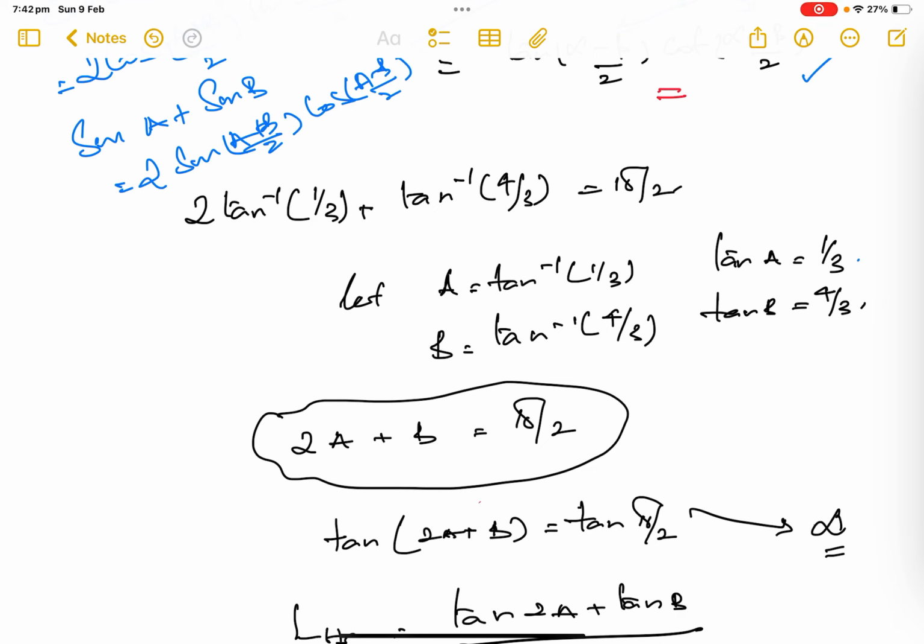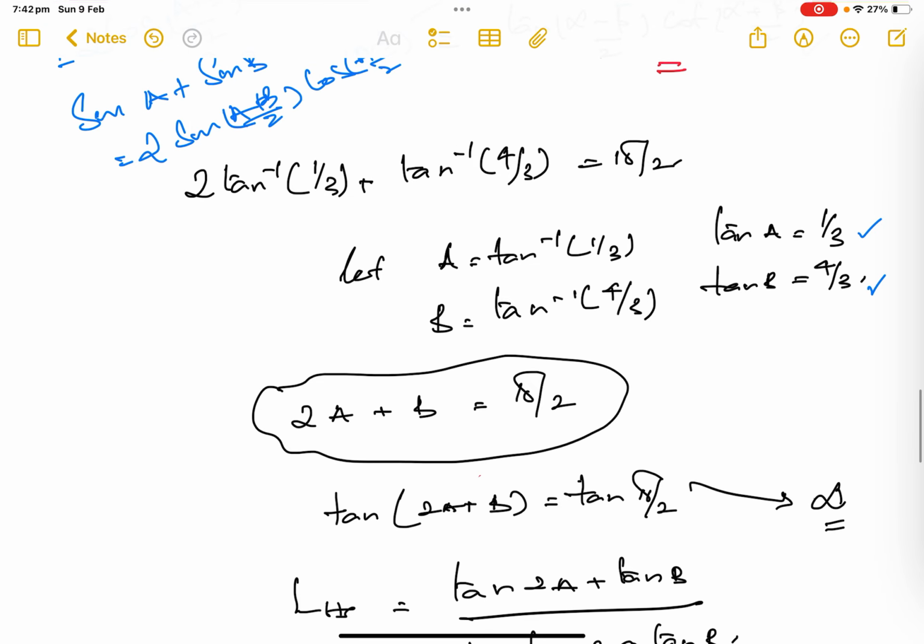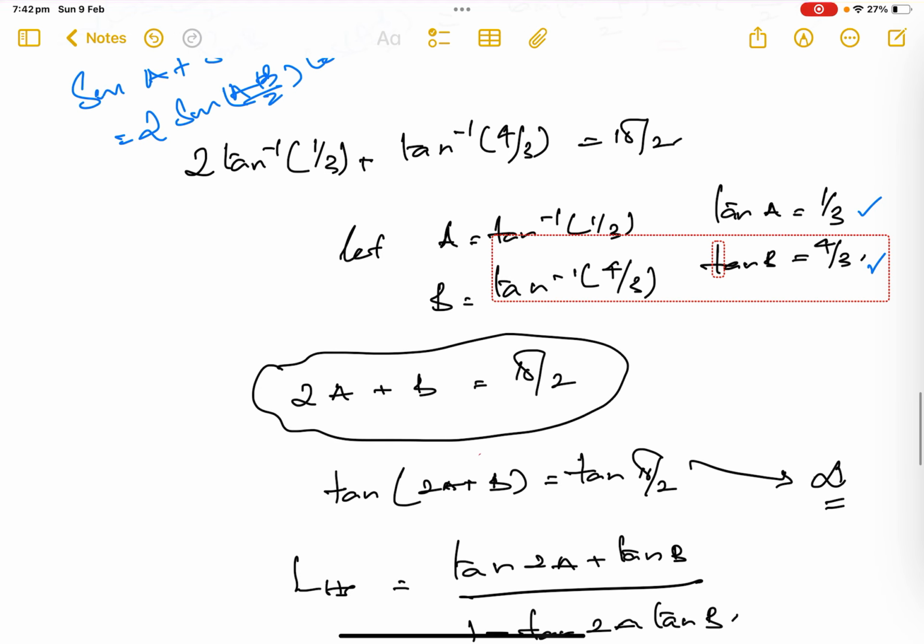That means tan A equals 1/3, tan B equals 4/3. So we have to prove that 2A plus B is pi by 2.